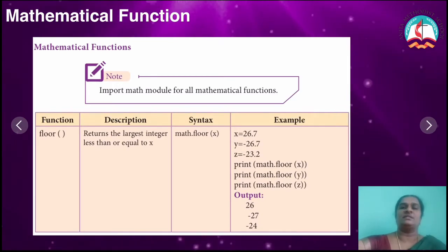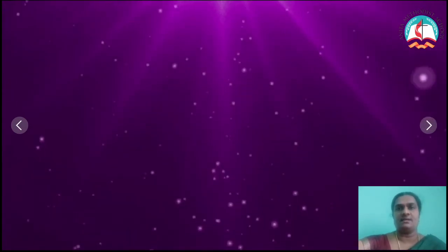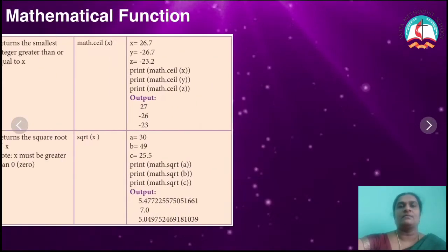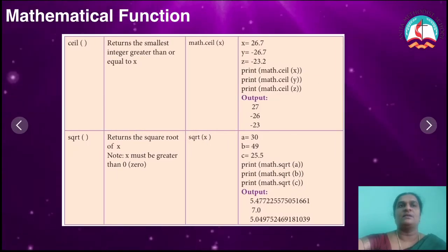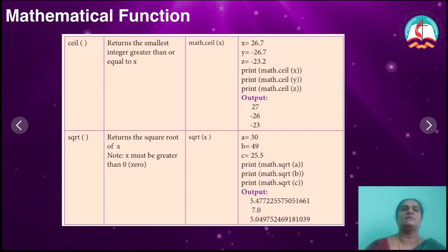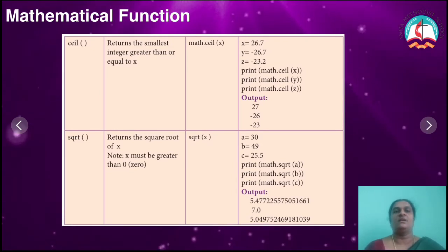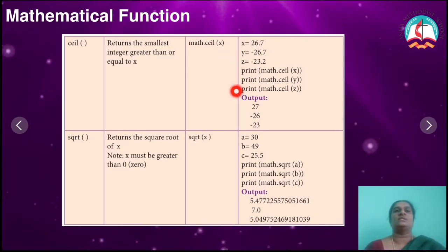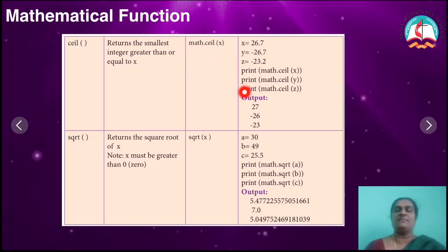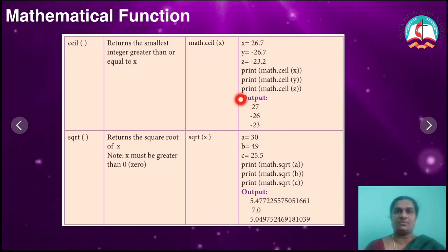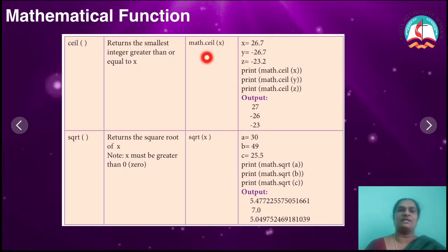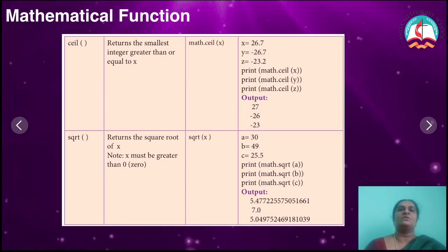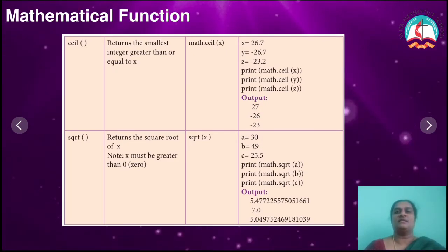Okay, then we are going to see about ceil now. What is ceil? The ceil function is quite opposite to the floor function. So now math.ceil, x is 26.7, y is equal to minus 26.7, z is minus 23. What will happen here? So 27. Why is it displayed as 27?